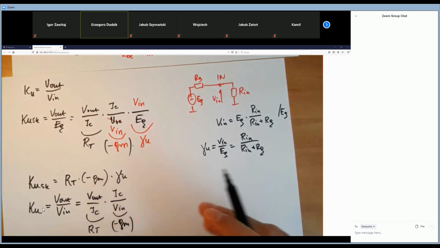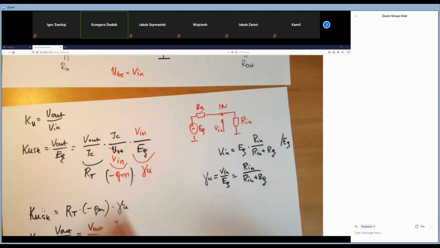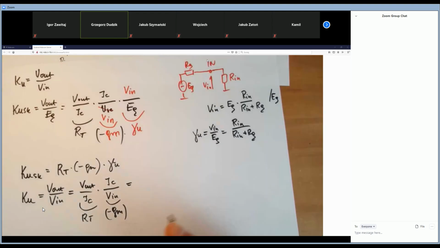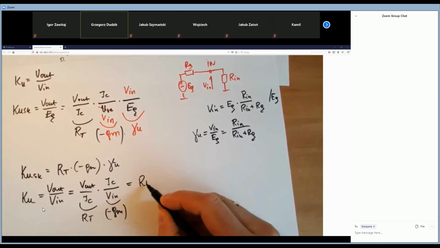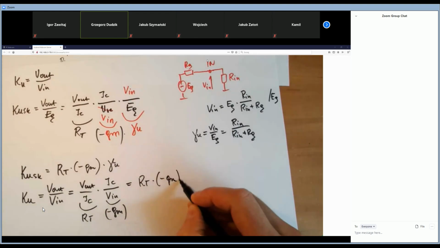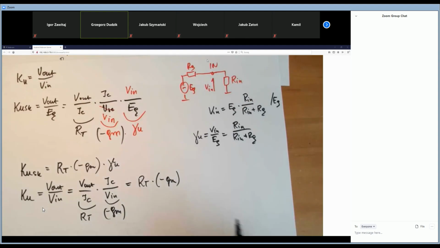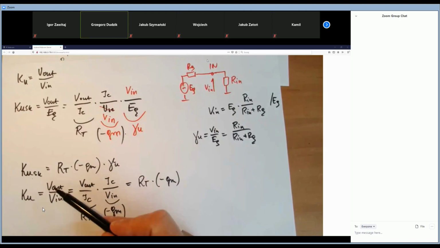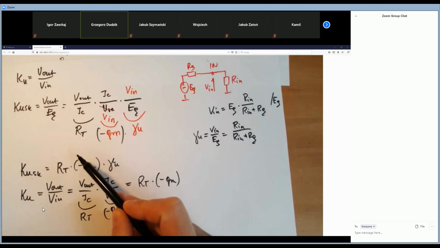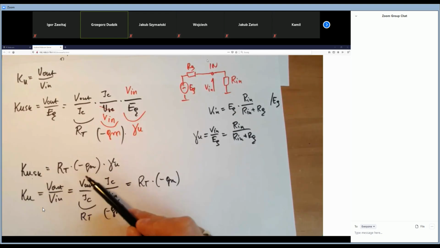Look what we've got. The voltage gain, in fact, is RT times minus GM. The effective voltage gain is RT times minus GM times gamma U. So RT times minus GM, in fact, this is the KU.